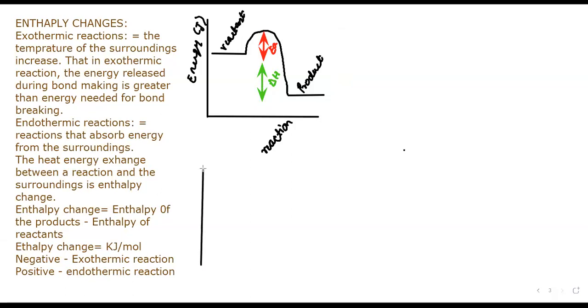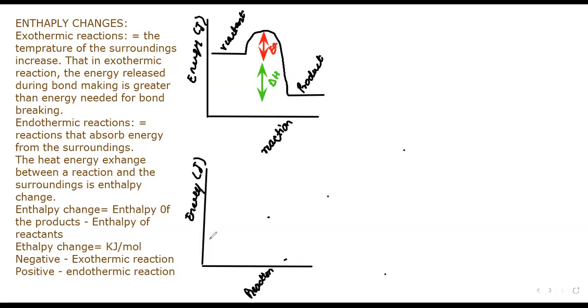In an endothermic reaction, you will see that we end up getting a positive value for our enthalpy change. That's what you had studied. We had studied that if we get a positive value, we are going to have an endothermic reaction. Now we can understand why.